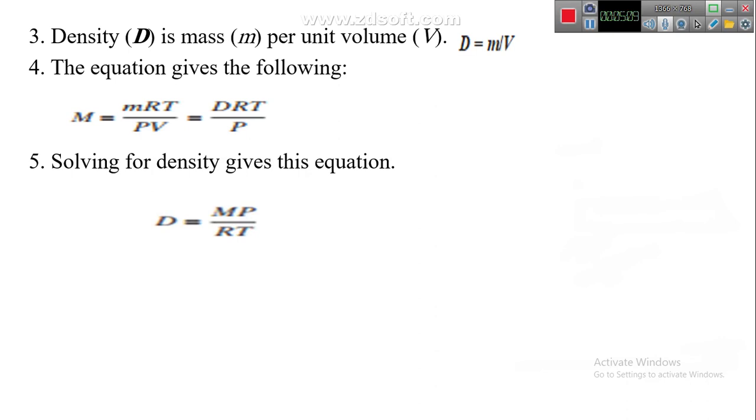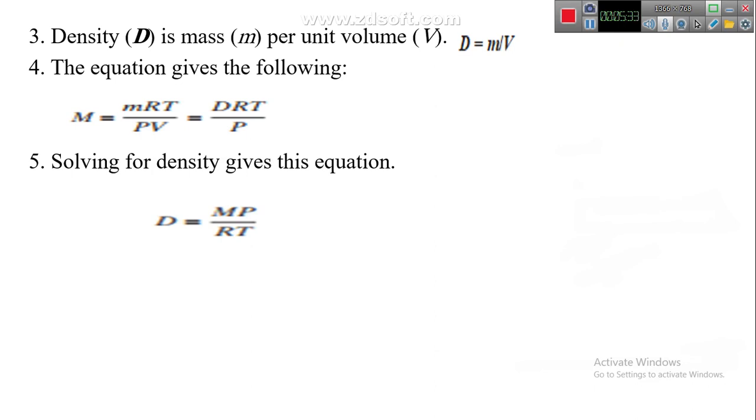You can see that density varies directly with molar mass and pressure, and inversely with Kelvin temperature.